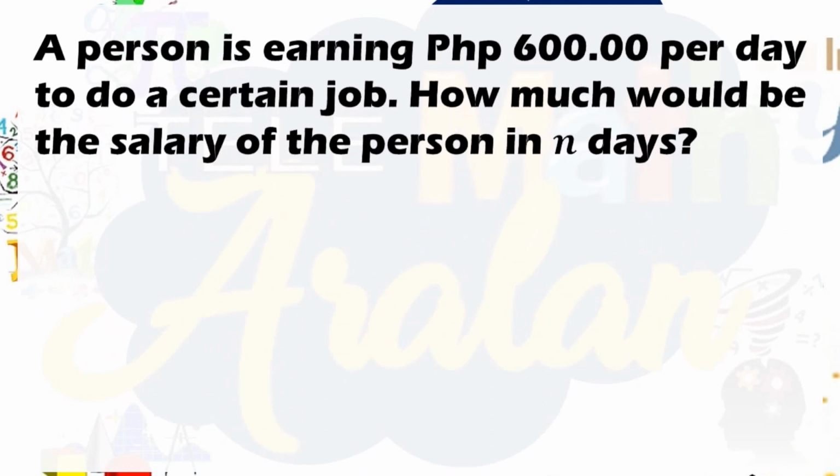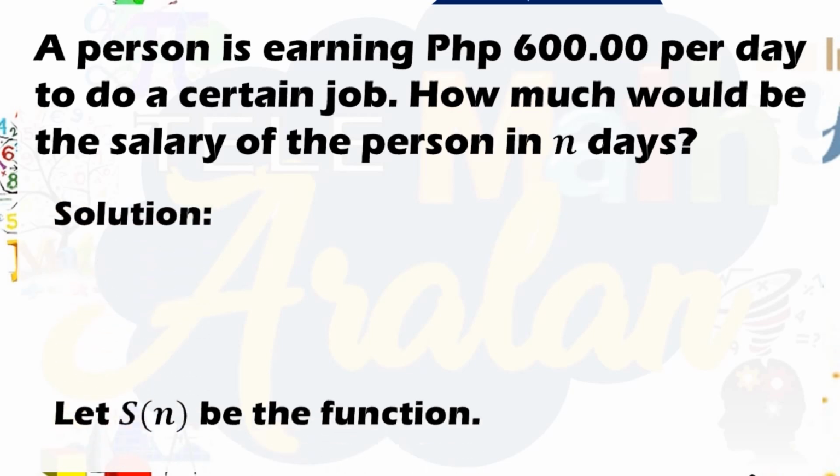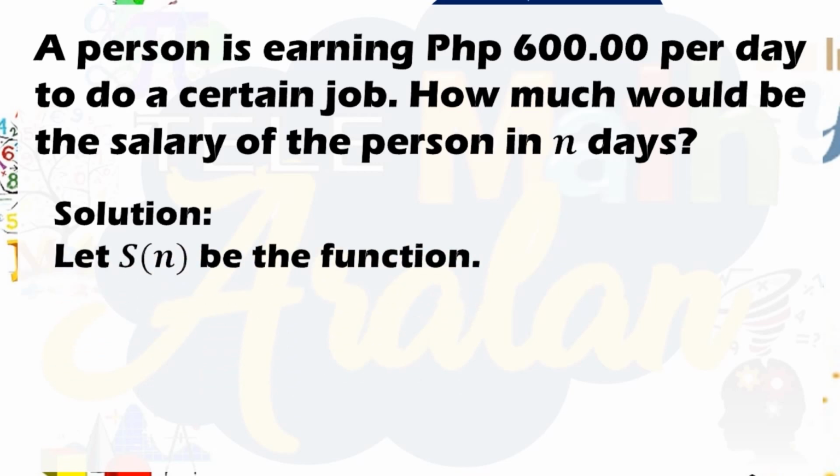Next example. A person is earning 600 pesos per day to do a certain job. How much would be the salary of the person in n days? Again, we will represent or model the situation using a function. Solution: let S(n) be the function.